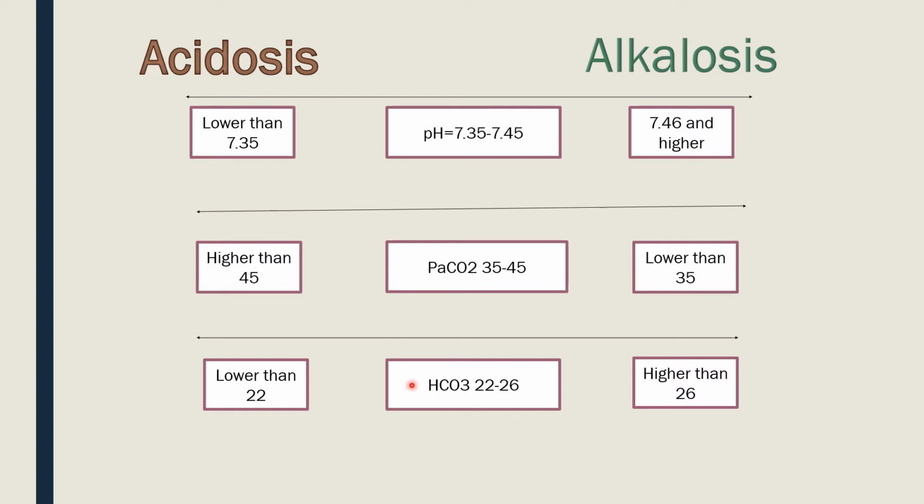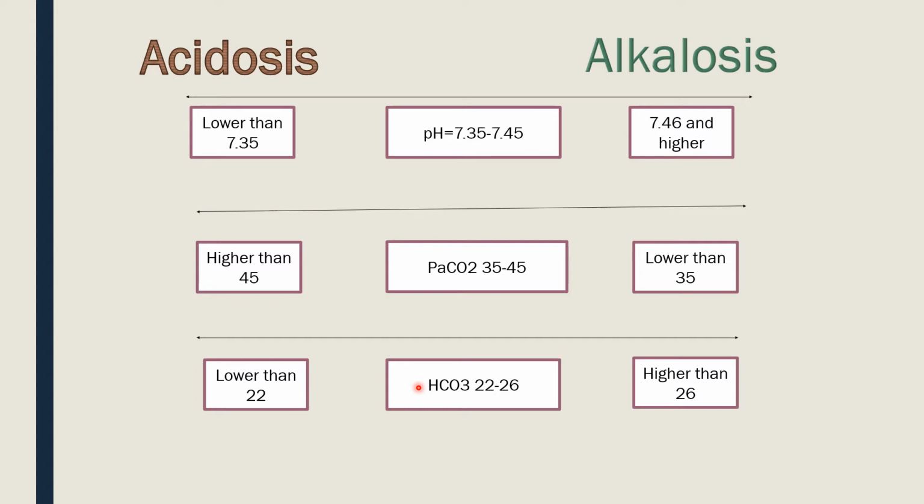While with bicarb, if you see that it is abnormal, then that means that the kidneys are failing also. But remember, these two parameters can also be normal, or they can be abnormal in a way that is compensating for what's going on with your patient.